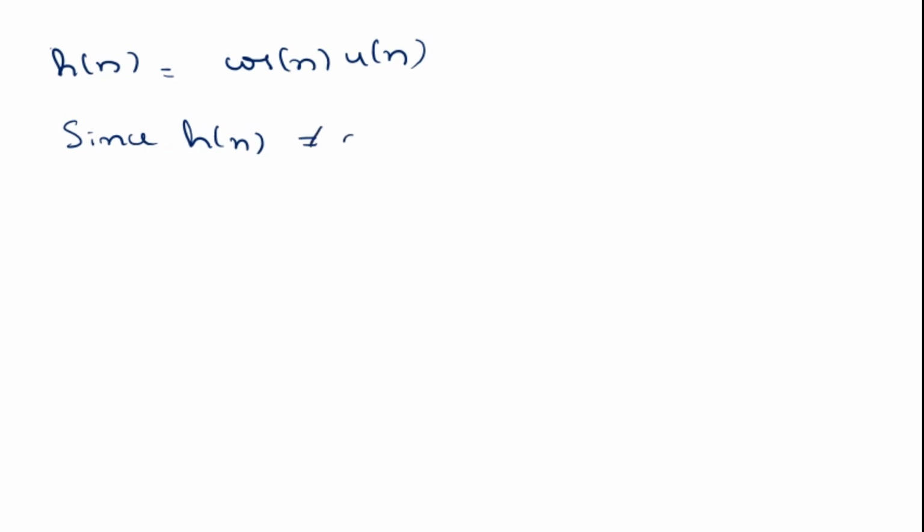h of n is equal to cos of n into u of n. Since h of n is not equal to 0 for n not equal to 0, the system is not memoryless.